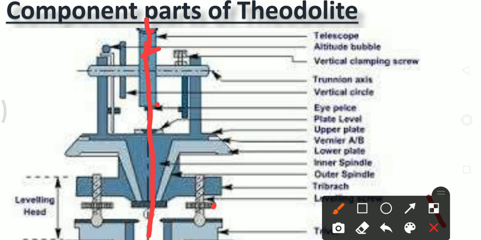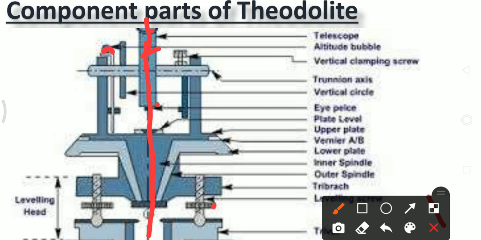When leveling is perfectly done, the altitude bubble comes to the exact center of the altitude bubble tube. So the function of the altitude bubble tube is to make the vertical axis of the theodolite truly vertical.